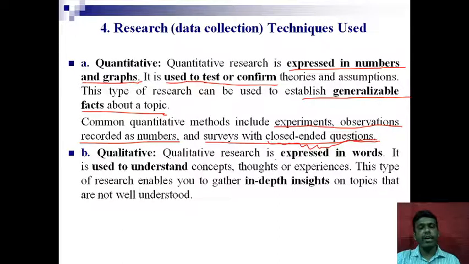For example, the beauty of a certain thing cannot be expressed directly in numbers. It can be expressed in words. Take pain experienced by a patient in a hospital. Pain cannot be very easily quantified, but on a qualitative basis you can tell how much pain the patient is suffering.